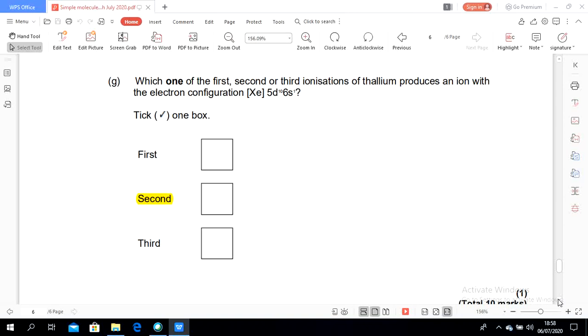You must refer to the periodic table and the data booklet, and write the subshell electronic configuration, and you will find that the second ionization energy produces the configuration 5d10 6s1.